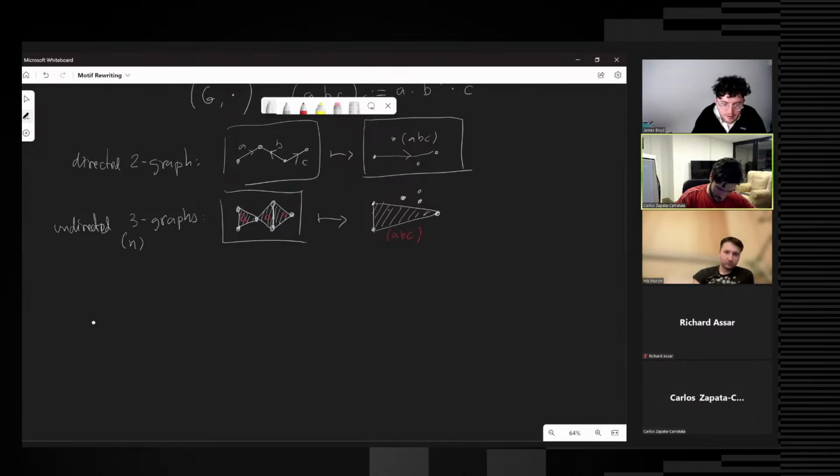I'm not going to write any vertices anymore. So you have something like this, A, B, C, D, E, and then you do motif rewriting.